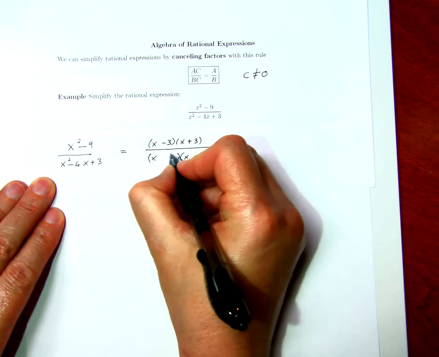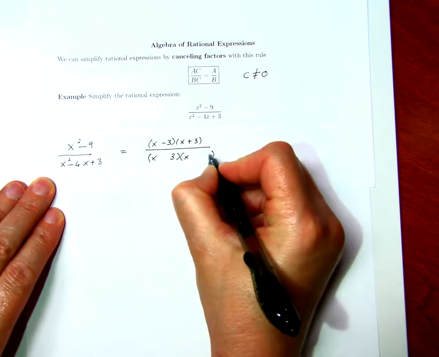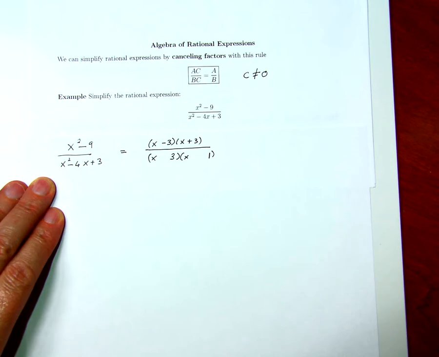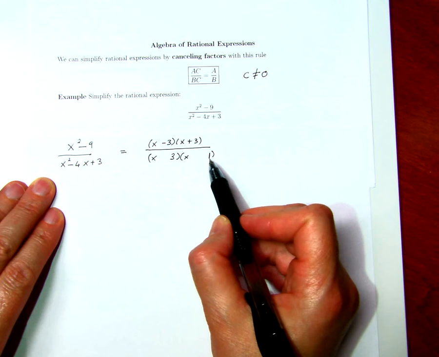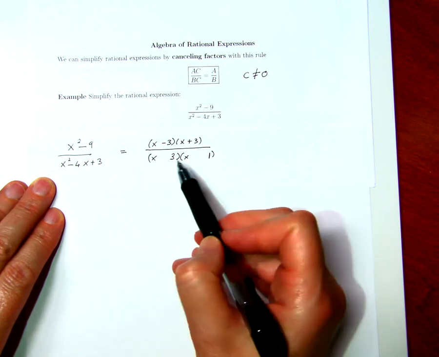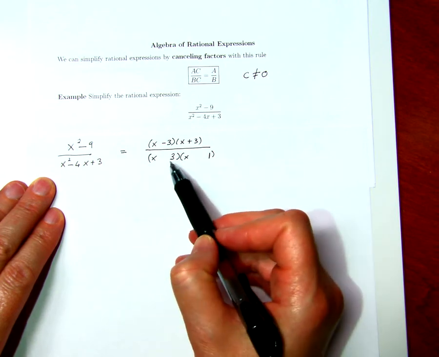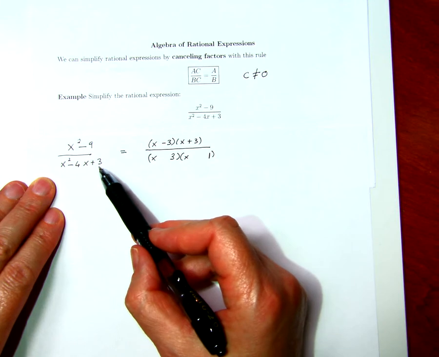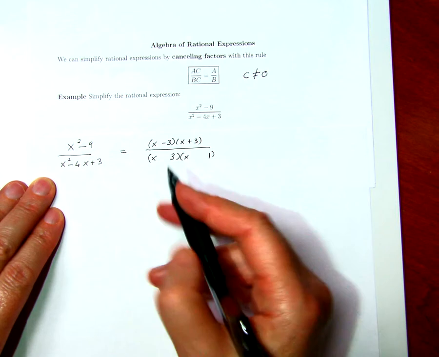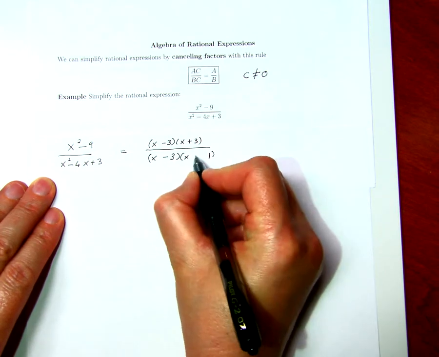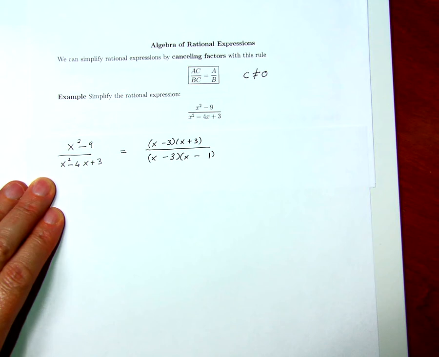So I'm going to try the factors of 3, the integer factors 3 and 1, and see what happens. Now this is plus or minus 3, and this is plus or minus 1, and I notice that both should have the same sign here, because their product is plus 3, and they should add to negative 4, so they're both going to be negative, and that works.